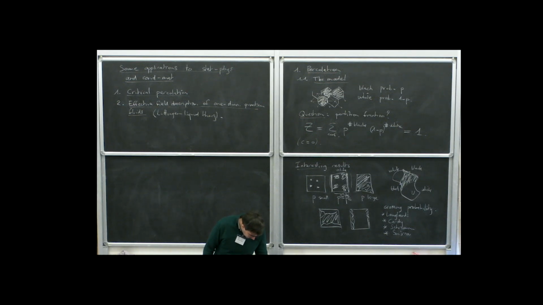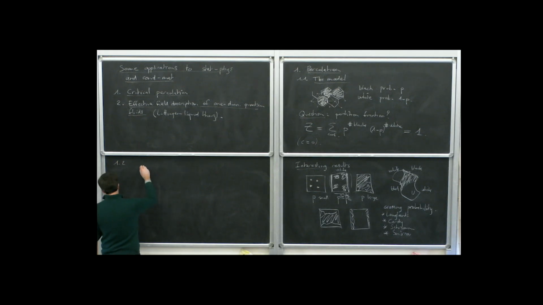Okay, but today we're not going to be so ambitious. So what I want to do is to compute the fractal dimension of the percolation cluster. Okay, that's one easy question. That's one easy question that we can answer with the techniques that we have seen so far.